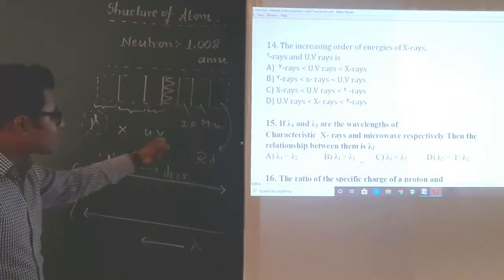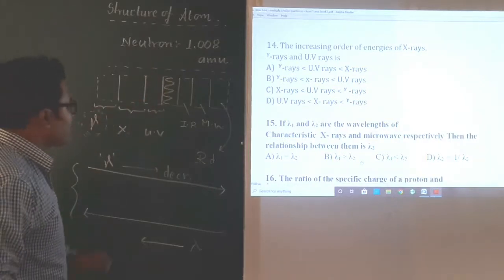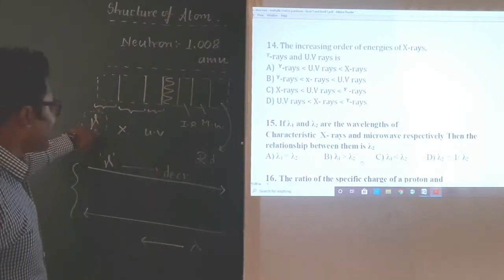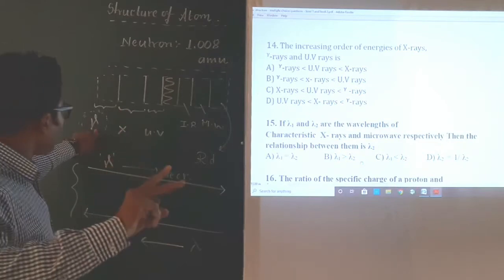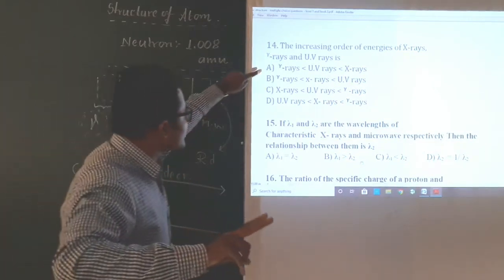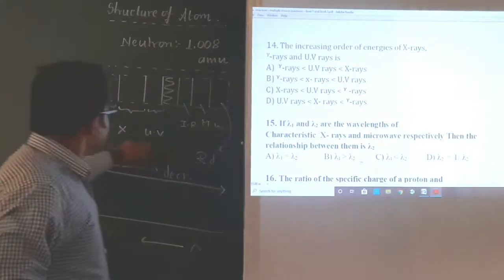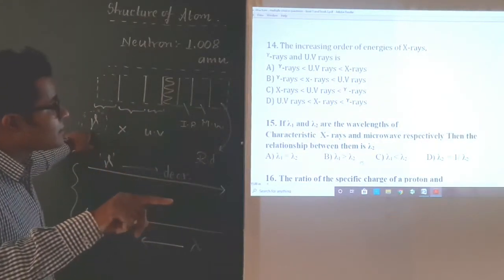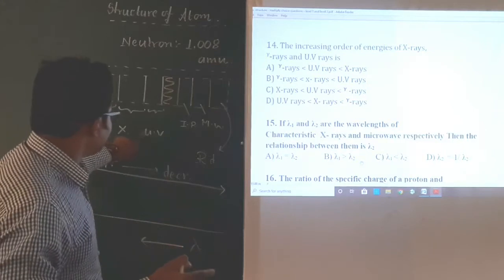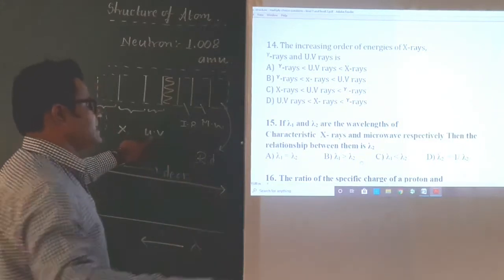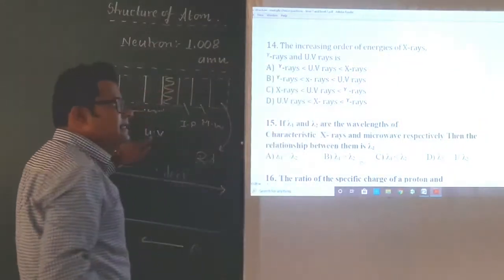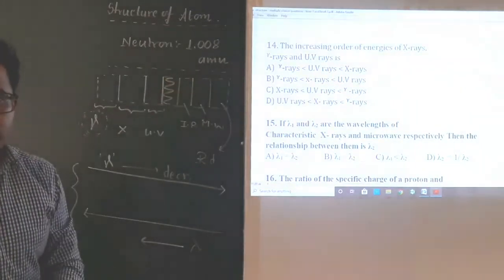Option A is gamma rays and UV, so option 1 is wrong. Next one is gamma rays followed by X-rays followed by UV rays. Yes, so option B is the correct answer for question number 14.